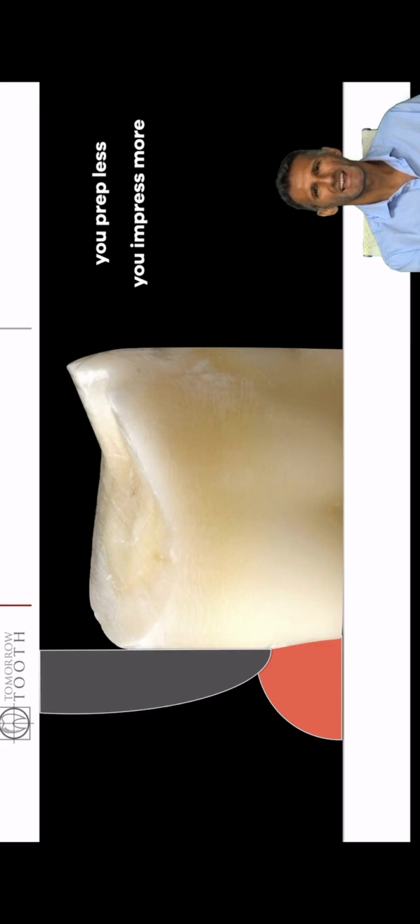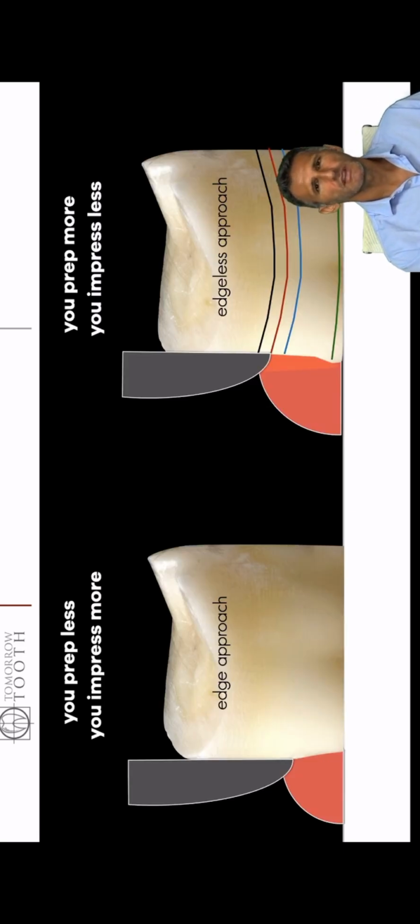When we do our edge approach, our crown can start from that point of the edge, okay? Instead, when we do the other approach, the edgeless approach, you drill much more than you need. You have a vertical wall after the healing of the gingiva, and at this point you can move along this wall, deciding where is better to close your crown, okay?